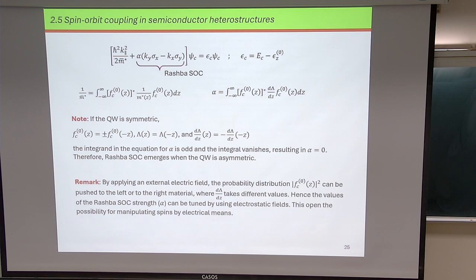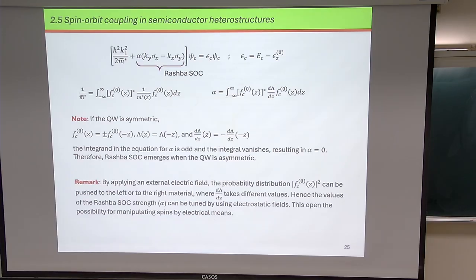In order to get a finite spin orbit coupling, you need this quantum well to be asymmetric. Now the nice thing here is that you can actually control the value of alpha, because alpha depends on this average value, and I can change the probability density.